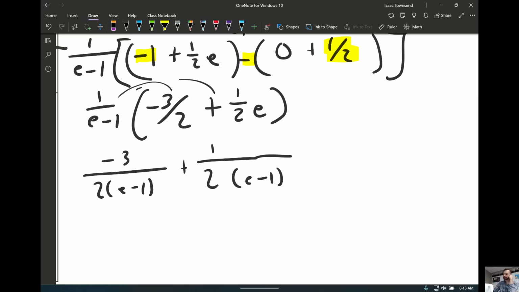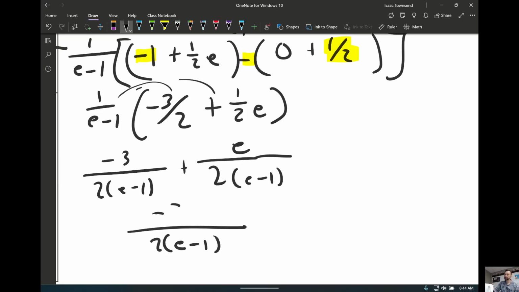Oh, sorry, this is 1/2 e, so that puts it in the numerator. After distributing, they have the same denominator. Well, I guess they had the same denominator there as well. So you could push those together.